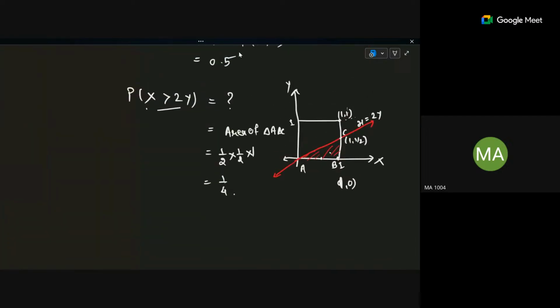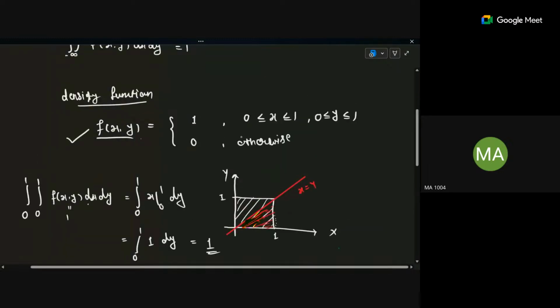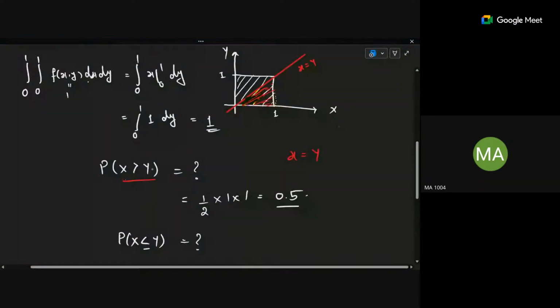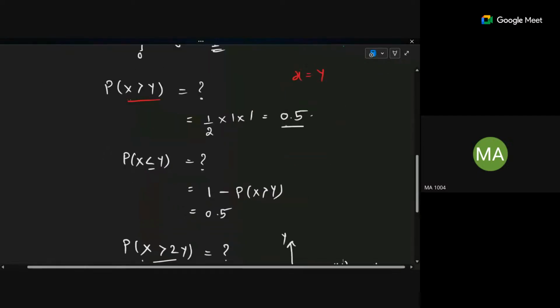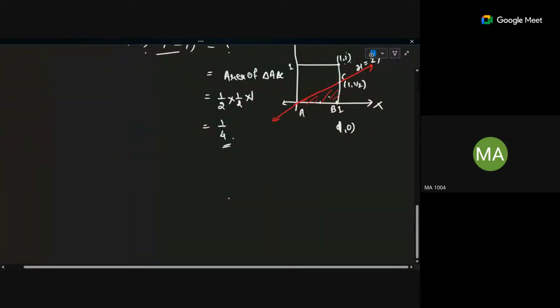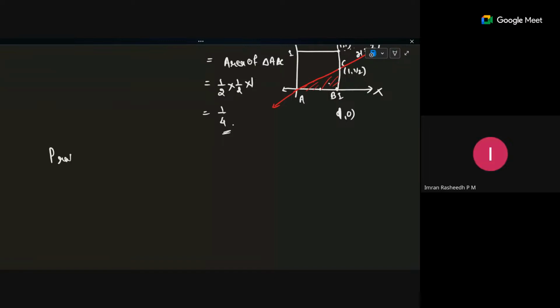So in this particular case, the question was easy. We can make it harder simply by changing these values. You know why you were able to say that this probability is nothing but the area of this region? Probability x greater than twice y was the area of this region. You were not considering the whole area. Initially when we start probability, what is the definition of probability? Favorable outcome upon total outcome.